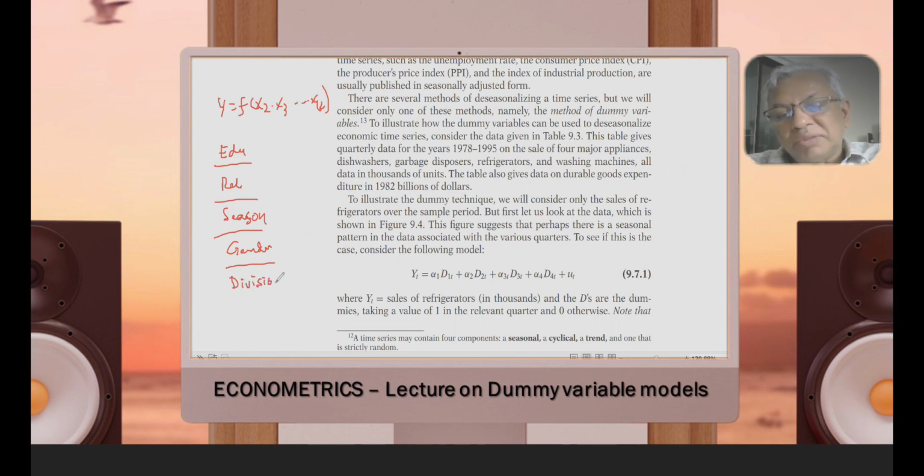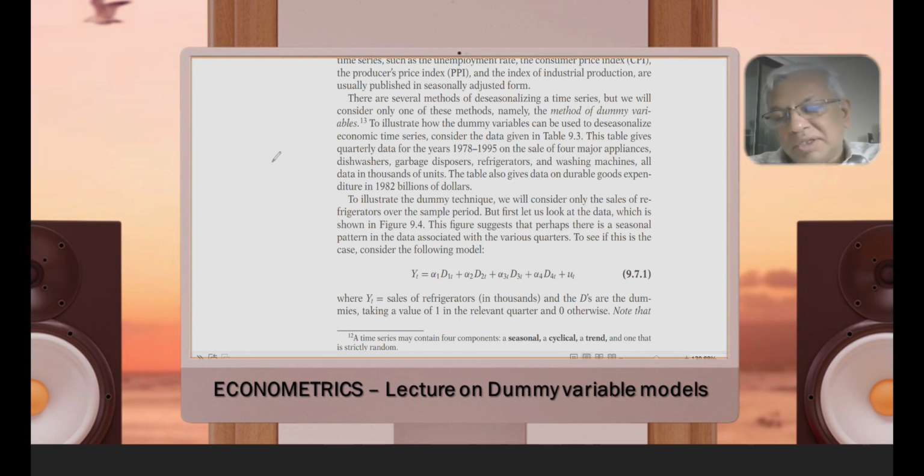People in different districts may have a different behavior in certain aspects. All these are captured by dummy variables. So dummy variables differentiate between classes. As long as classes are distinct and we can identify them properly, we can use dummy variables to do this.